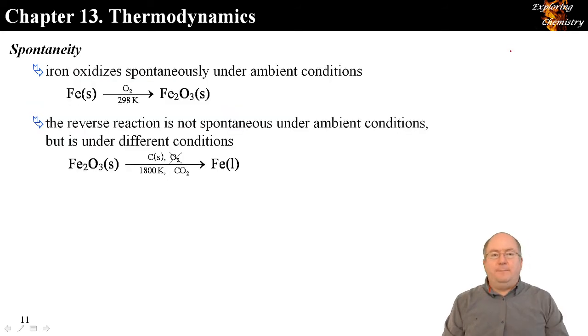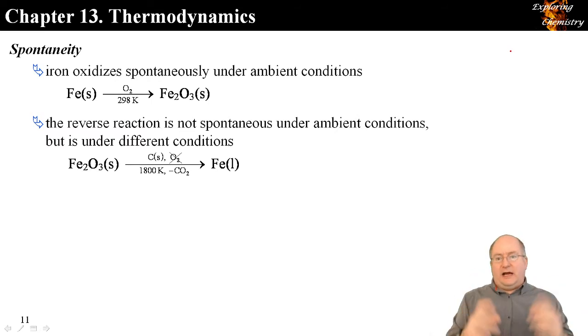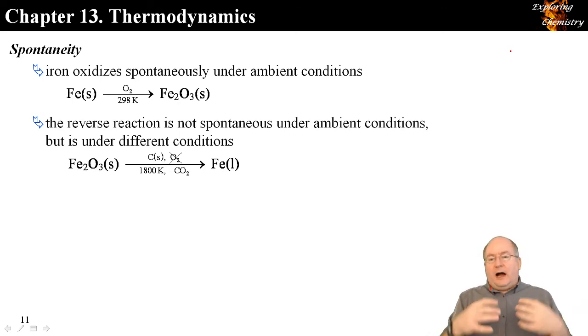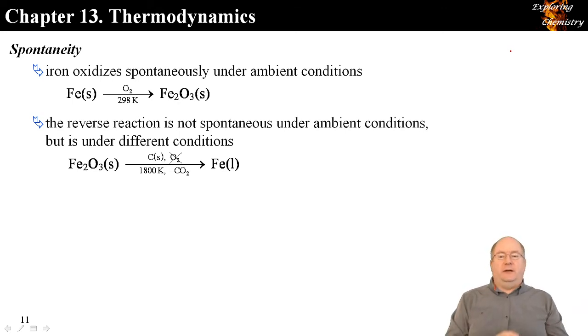Here's a couple of examples. I mentioned iron. If I were to put a piece of iron right now outside in air, or water contains oxygen as well, iron in an oxygen-rich environment at ambient temperature will spontaneously rust. Kinetics says it's going to take a while, a couple thousand years, but it will rust away.